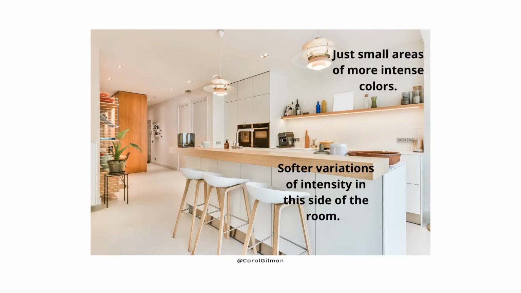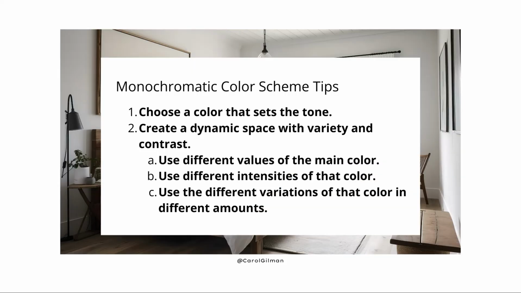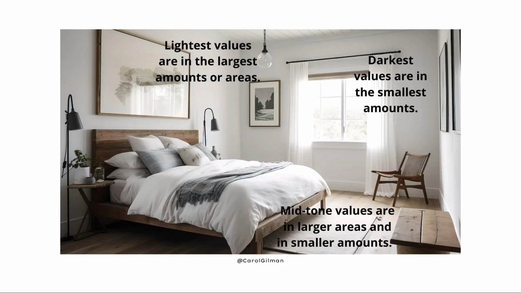The other thing to think about is proportions: how much you want of these different variations of even just neutral colors. So maybe if you want to keep your room light and bright, you use that lighter version of the neutral color on your wall, but then maybe you get a little bit of a deeper color on the flooring, and then even darker versions maybe in furniture or bedding or just different things that are going on in the room.